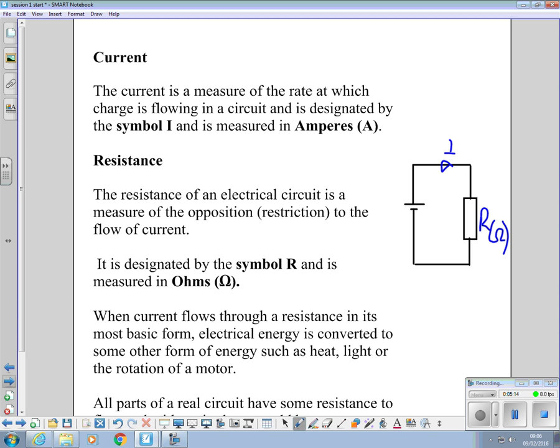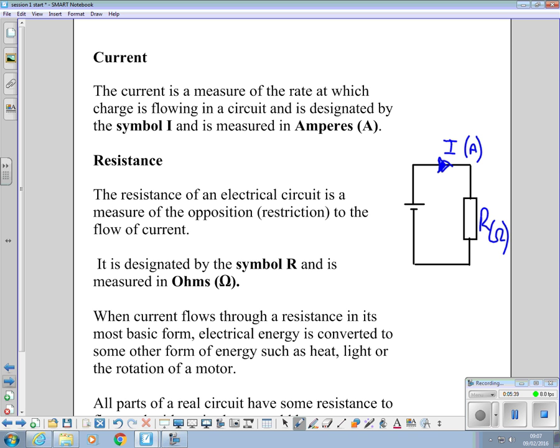Okay, so we would label this up like this. There's the current I, measured in amps, flowing through. We use an arrow to show its direction. Later on we will come across the use of the lowercase i and the lowercase v, and that's when we're talking about instantaneous values. When we talk about uppercase, we're talking about the maximum value flowing.